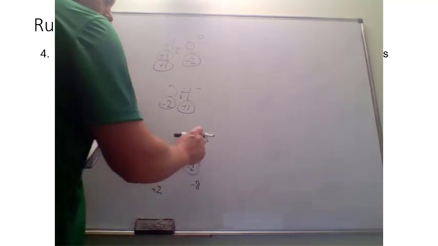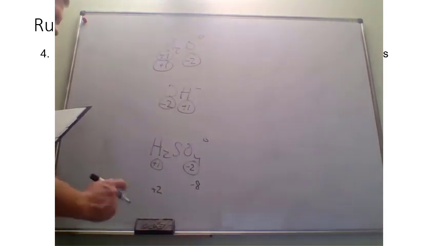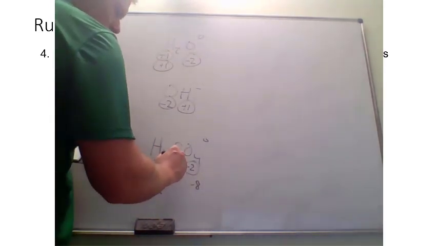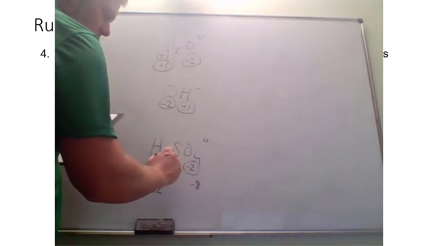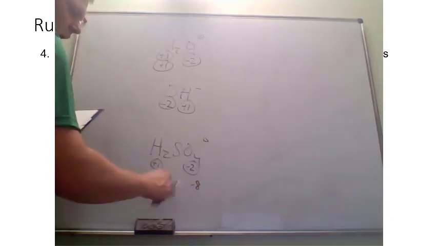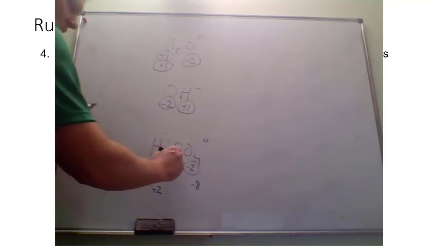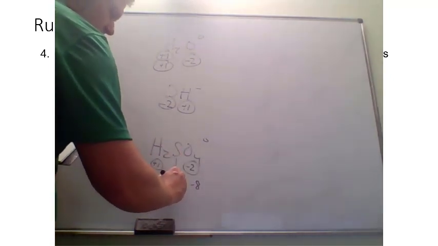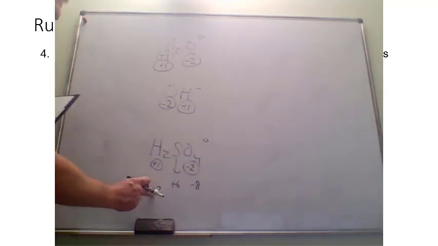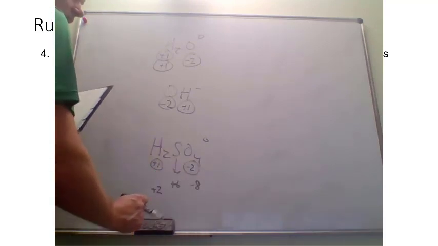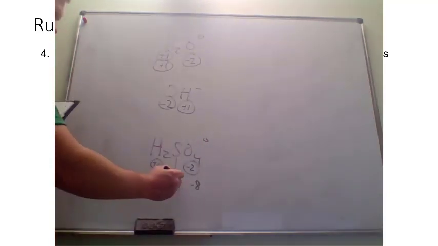And we know the overall charge has to be 0. That tells us our sulfur has to have an oxidation number that's going to allow us to add all these up to 0. So therefore, our oxidation number for sulfur has to be +6. So 2 + 6 - 8 equals 0.